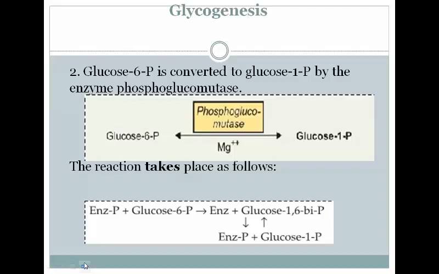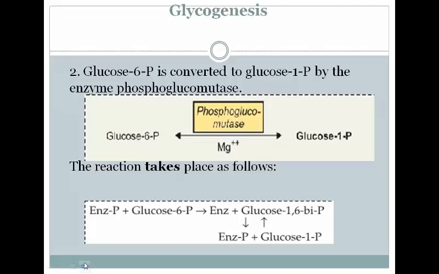As we are going towards glycogen synthesis, glucose 6-phosphate is converted to glucose 1-phosphate in presence of the enzyme phosphoglucomutase and magnesium ion.